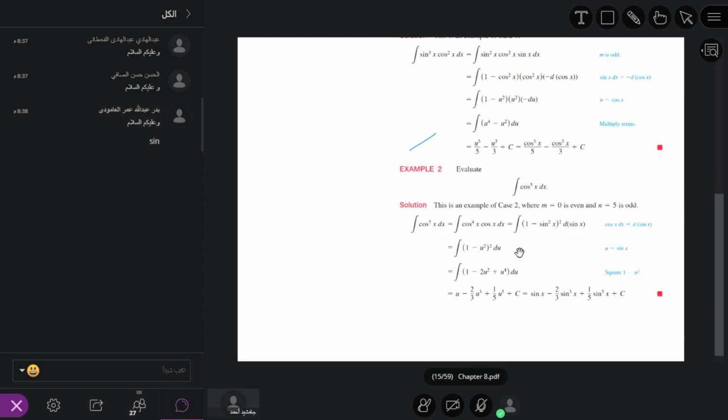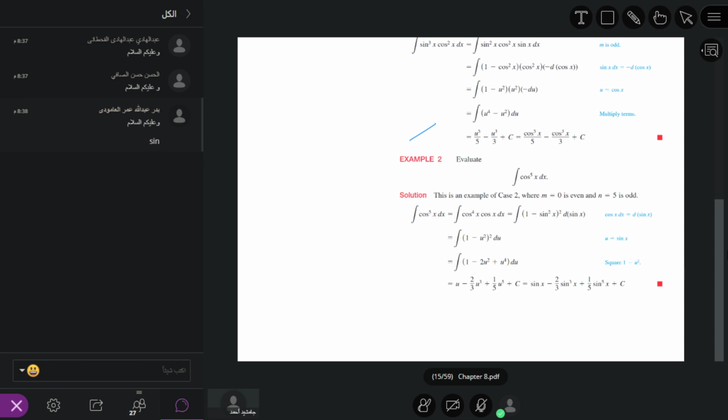What is the example number 2? It is the integral of cosine power 5 x dx. So how can we write? First we split one. Here if you see, what is the power of cosine? It is odd.